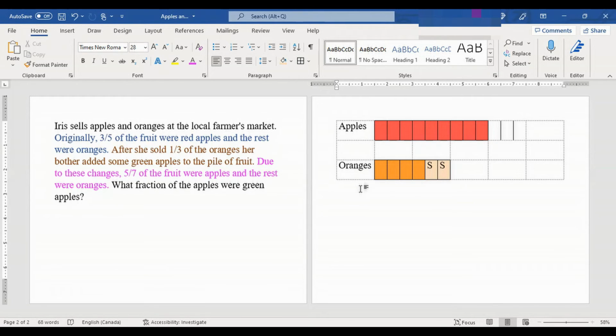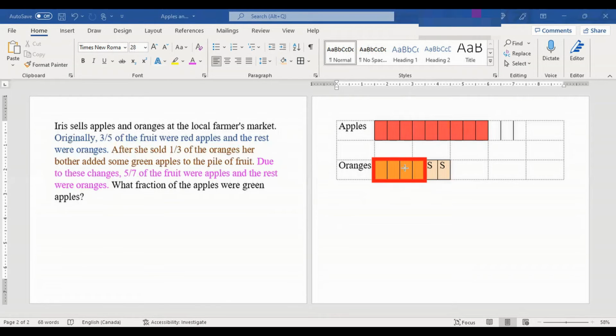Now we have the magenta sentence, which says, due to these changes, 5/7 of the fruit were apples and the rest were oranges. Okay, so what the sentence is implying here is that 5/7 of the fruit are apples, including the red and green apples, meaning the oranges would have to take up 2/7 of the total number of fruits.